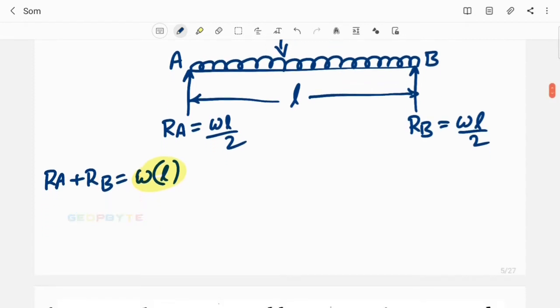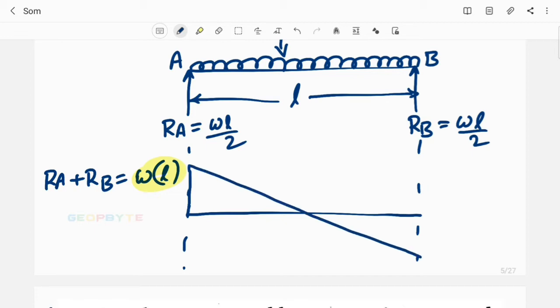Then the shear force diagram for this particular case, let us take the reference line. The shear force diagram may be varying linearly like this. The shear force diagram is linearly varying from one support to the other support.